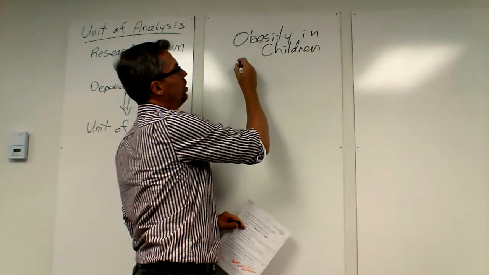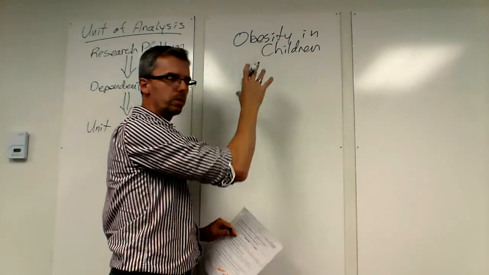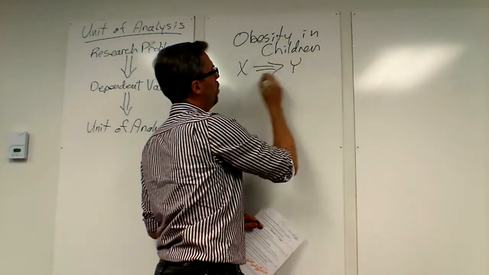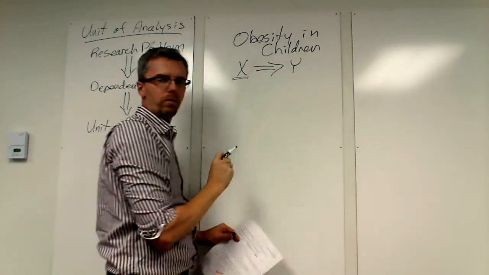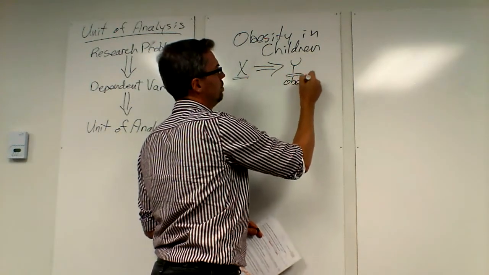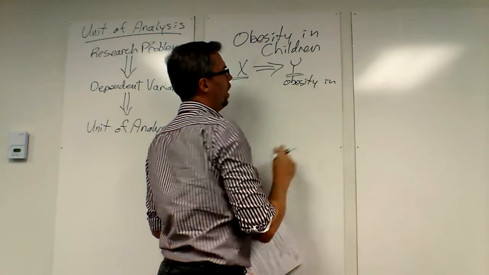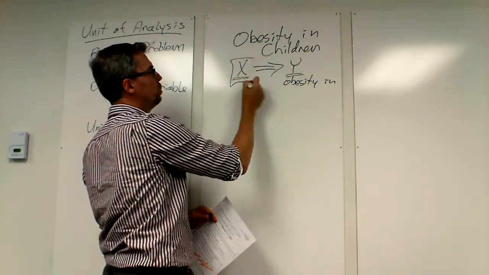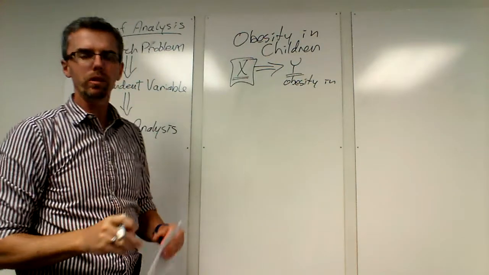What you're looking at, it helps to break it down as X causes Y. So X leads to Y. So what is your independent variable? We know that Y is obesity in children. But what is your unit of analysis? It's really going to depend on what your X is, your independent variable.